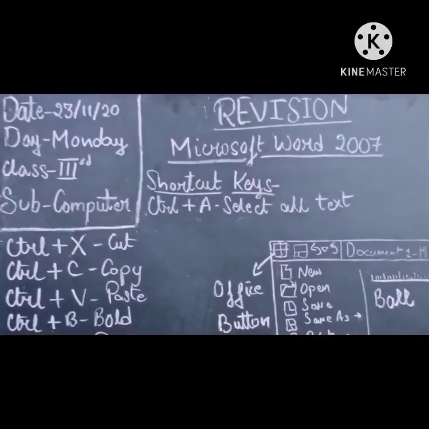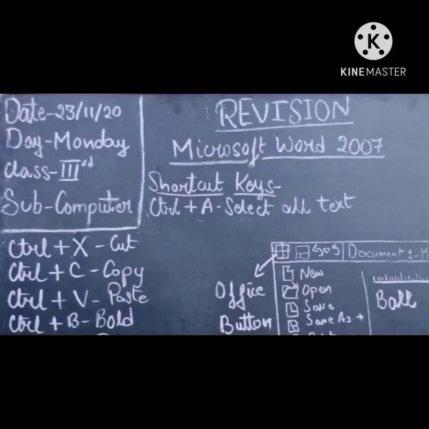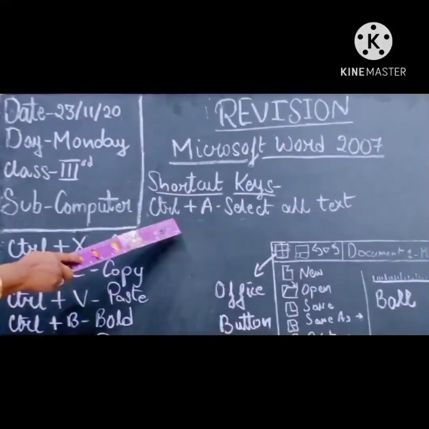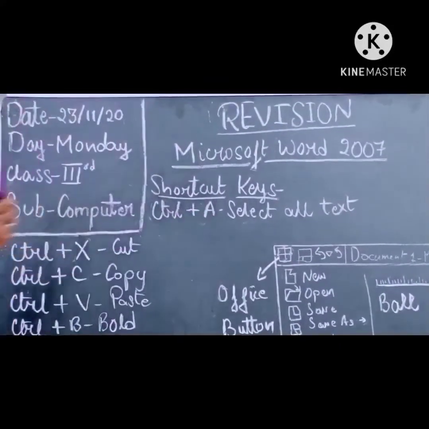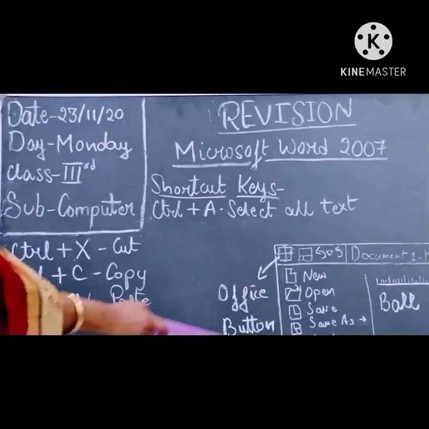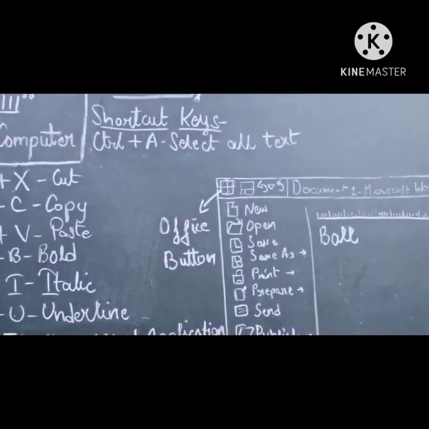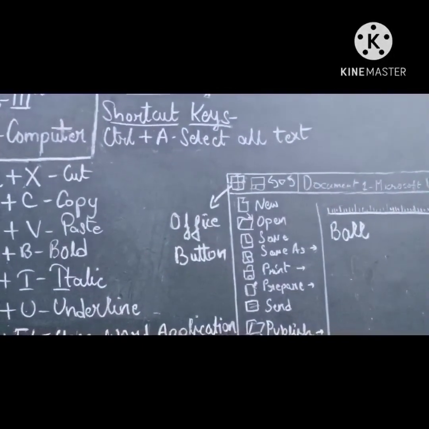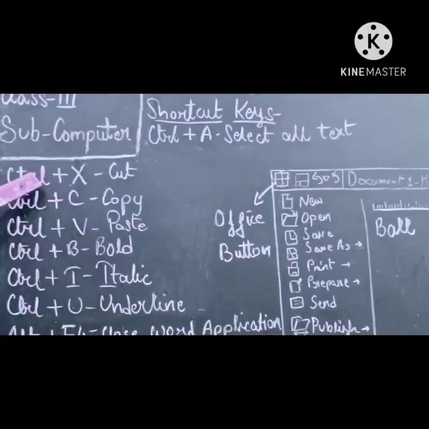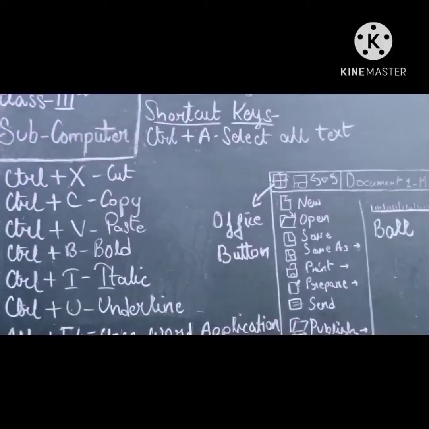Now children, in the last we will do the revision of some shortcut keys. Children, to select all the text, you have to press the Ctrl plus A key. If you want to remove the word ball from here, first of all you have to select it with the help of Ctrl A and then press the Ctrl plus X key to cut it.